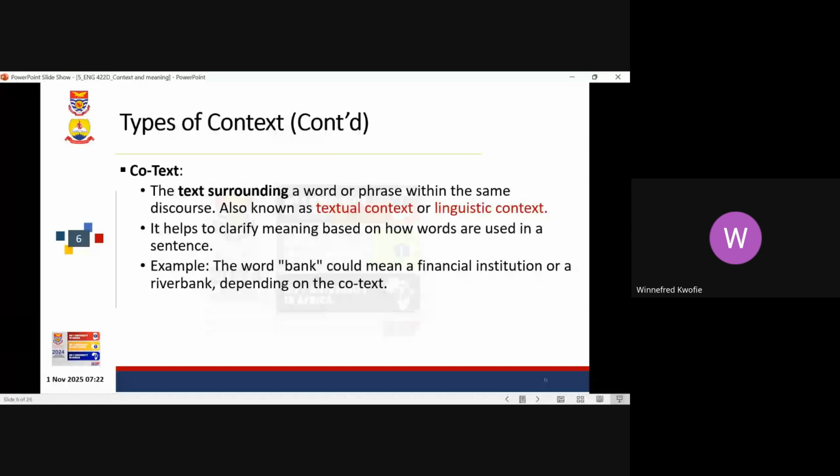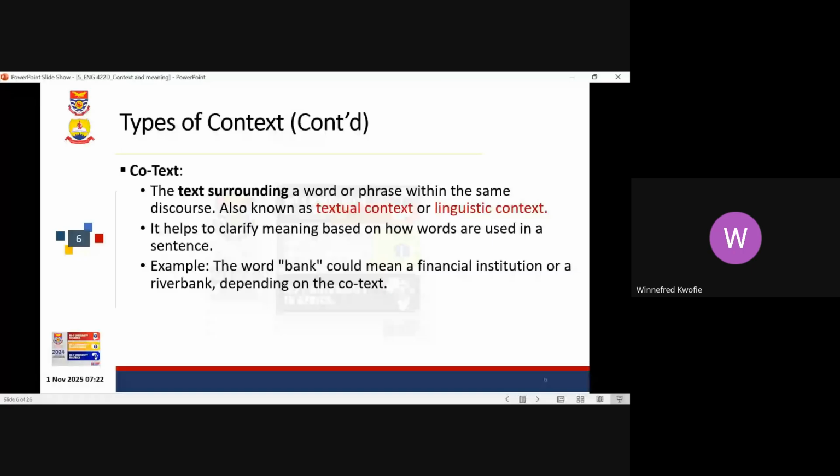I remember someone said that the word trunk refers to that part of the tour because of the use of the word tour guide. So when the words in the sentence help you to understand the meaning of use or the meaning of a sentence, then we are looking at co-text.